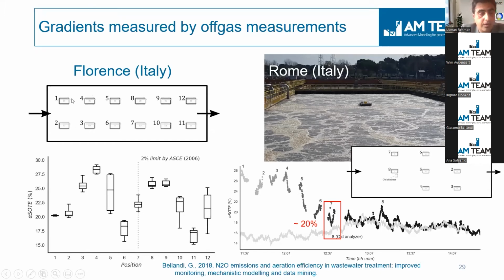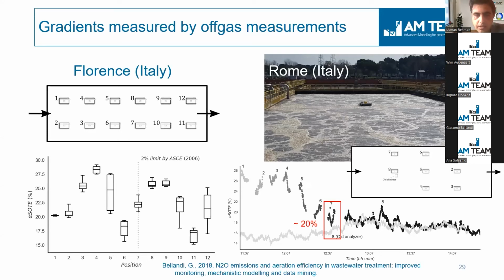So normally what you would expect is that your influent is coming in from the left and going to the right, continuously causing a reaction, and you would not expect a lot of variation along the width of the bioreactor. But what we observed in both cases was that there was always a difference between location 1 and 2, or location 3 and 4, location 5 and 6.